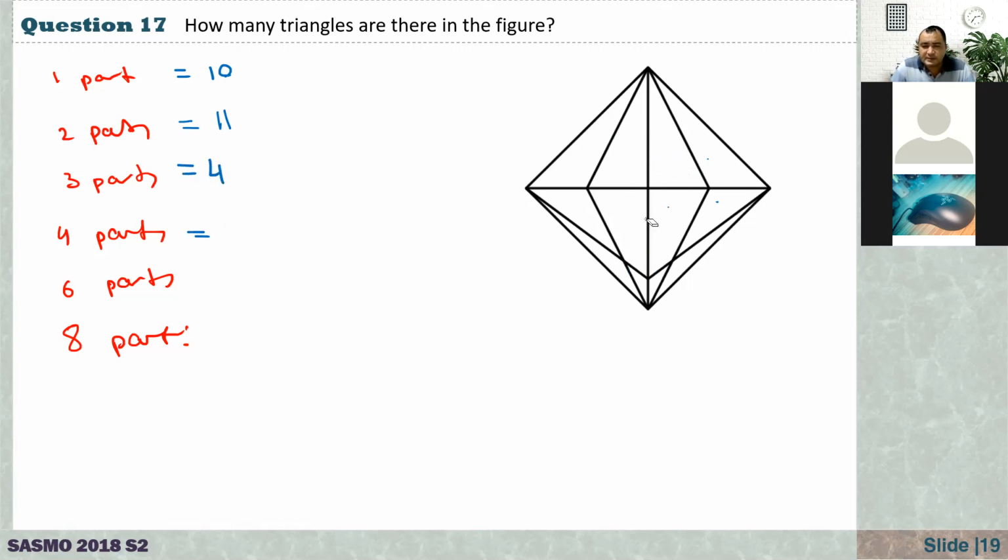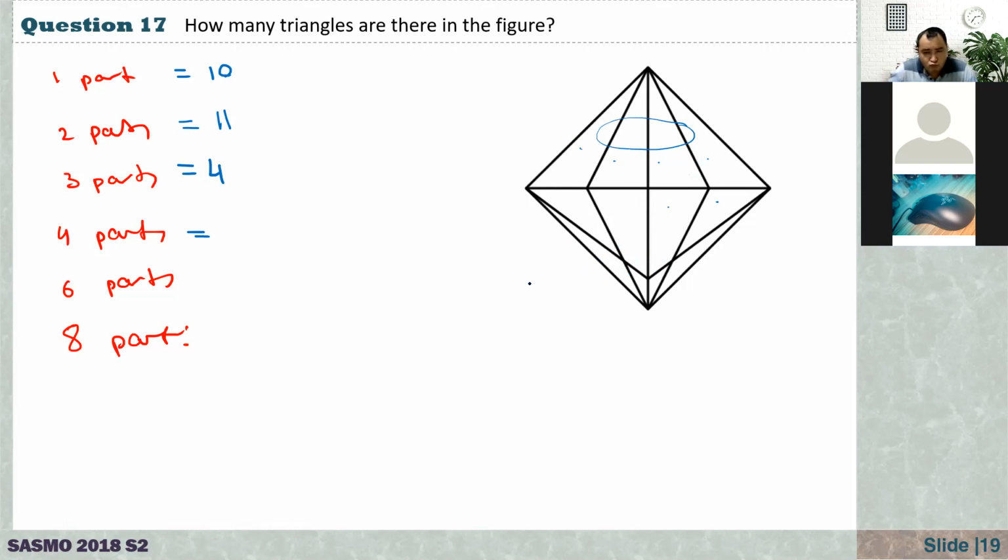And how about 5 parts? Do we have any 5? No. And how about 4 parts? This is 1, 2, 3, 4. That is 1, right? 4 parts.